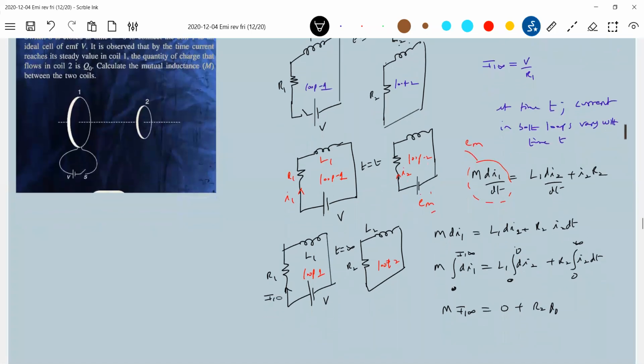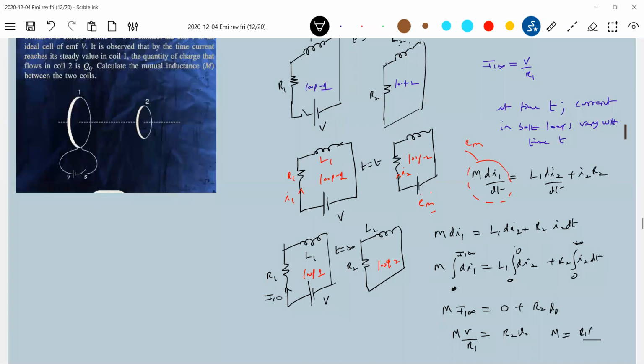So what is I1 infinity? V by R1. So Q naught equals M V by R1 R2. Okay, we have to calculate M, no?